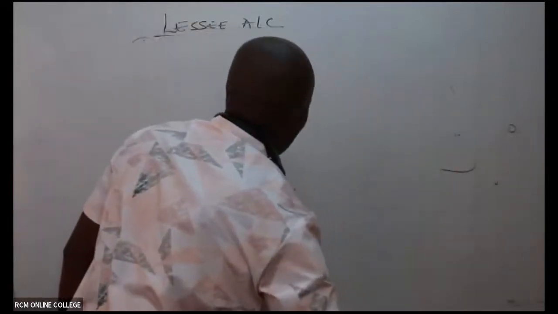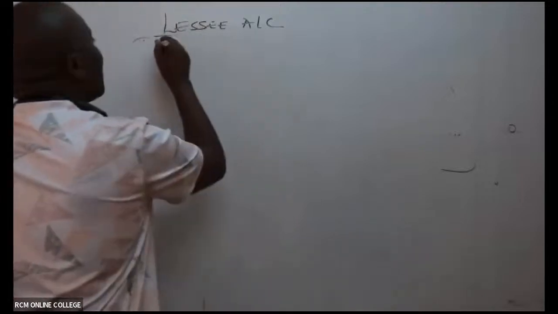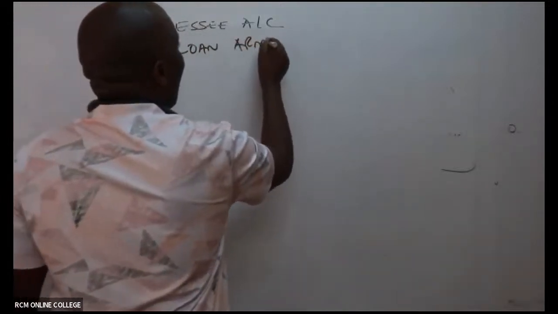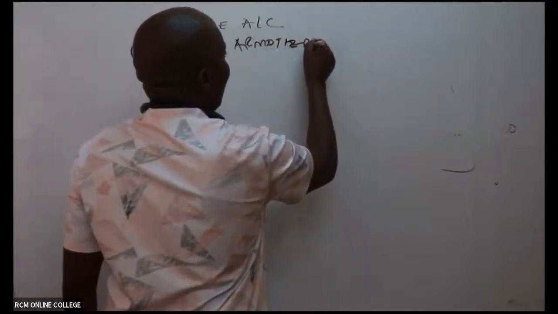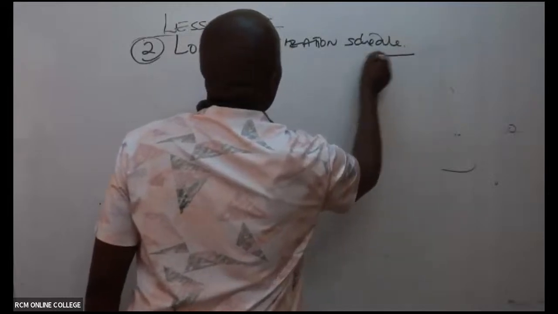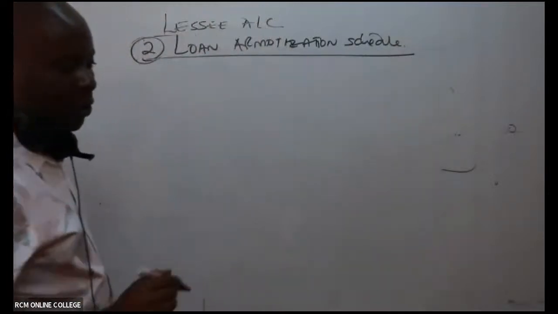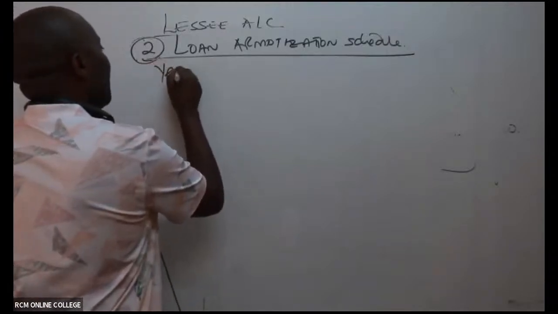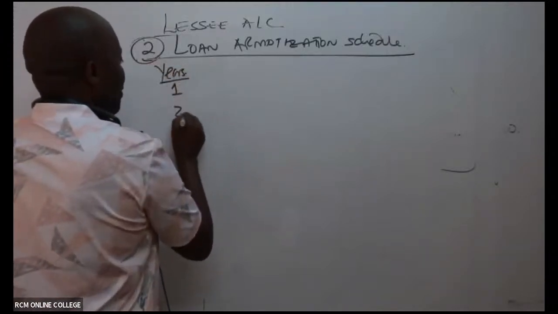So step number 2, you shall prepare a loan amortization schedule for the lessee. Remember here, you're going to have years: 1, 2, 3.